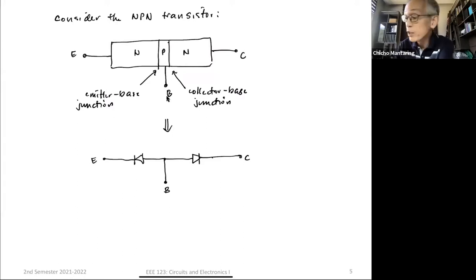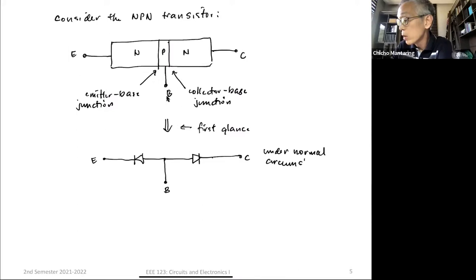So if you think about this as what we call two back-to-back diodes, under normal circumstances, current cannot flow from E to C.